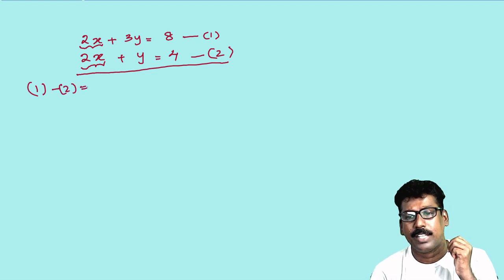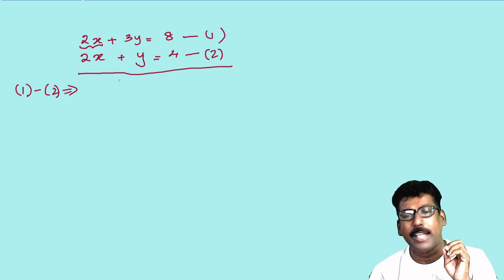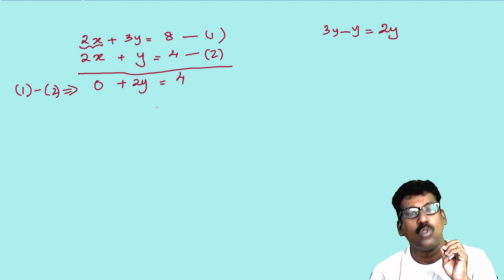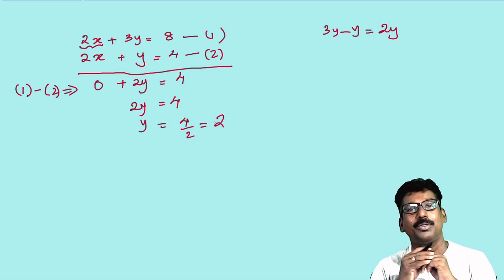That you can write as equation 1 minus equation 2. 2x minus 2x you will get as 0, plus what is 3y minus y? That is 2y. So 0 plus 2y. What is 8 minus 4? It is 4. That means 2y is equal to 4. y is equal to 4 by 2, that is equal to 2. You got the value of y here.